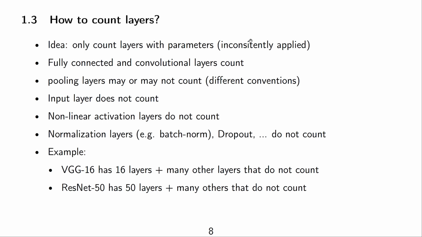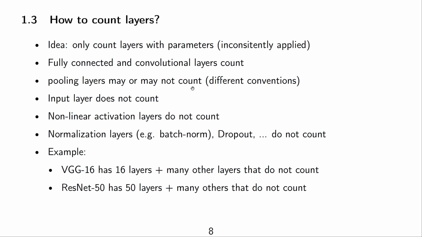One side note: how are we counting the layers in a neural network? The guiding principle is that we would only like to count layers with parameters. But of course, this is inconsistently applied. In general, that means that we are counting fully connected and convolutional layers.